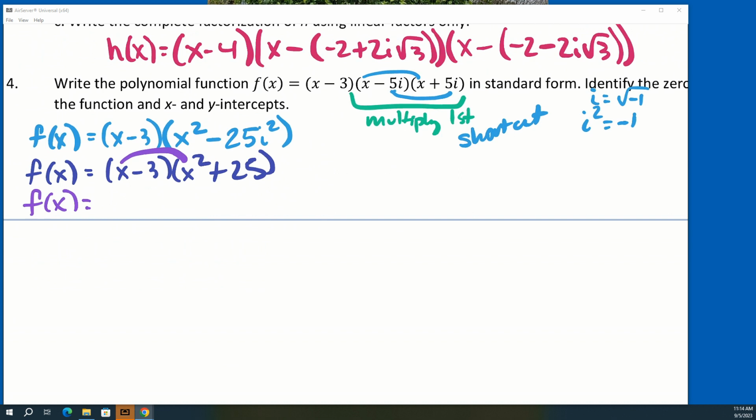So we'll multiply x times x squared is x cubed. I'm going to do this a little out of order, just so I don't have to rearrange. I want my next term to be x squared, so I'm going to do negative 3 times x squared. And then I'll do x times 25 and negative 3 times 25. And there it is, all multiplied out.